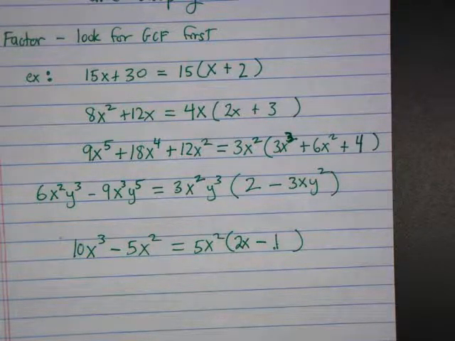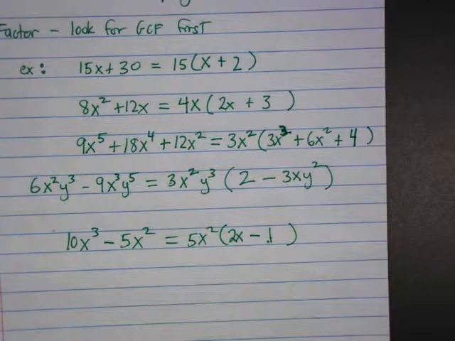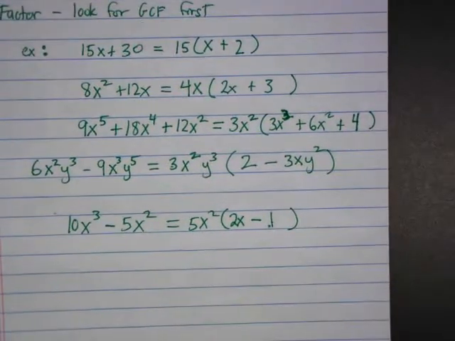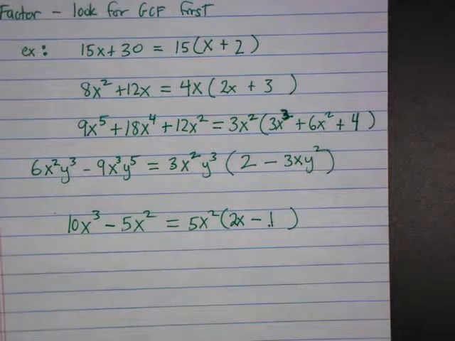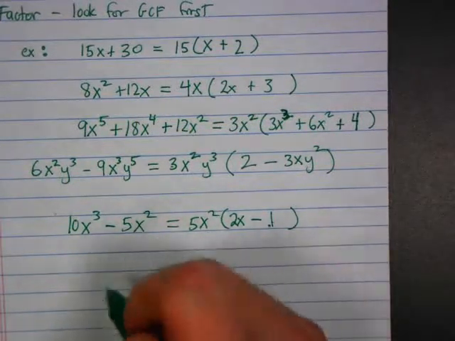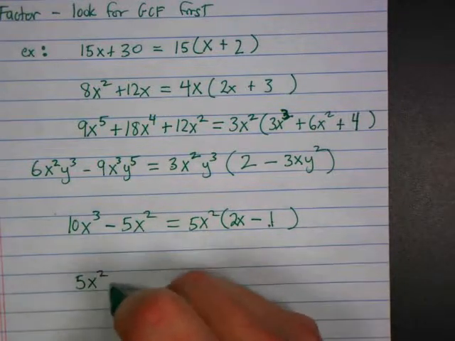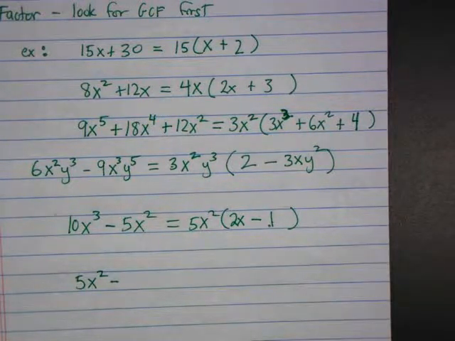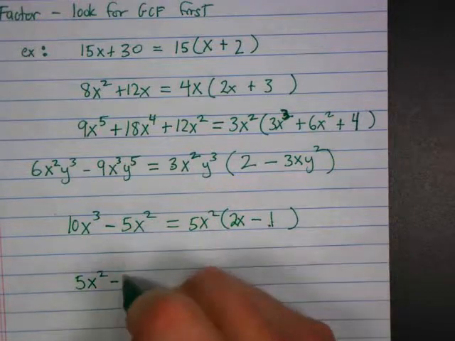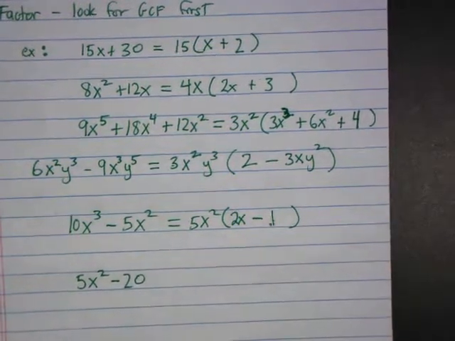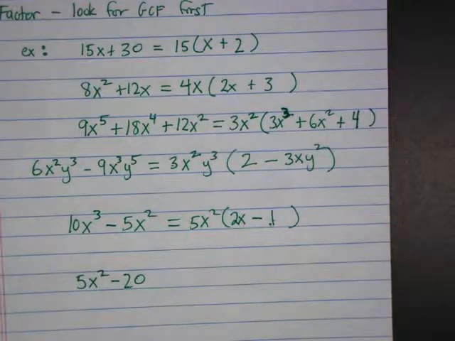All right, when we were doing some of the homework problems, one of them we had to factor more than once, and I warned you that was going to happen some more. Let's do some examples like that. How about 5x squared minus 20? What would you do with 5x squared minus 20?